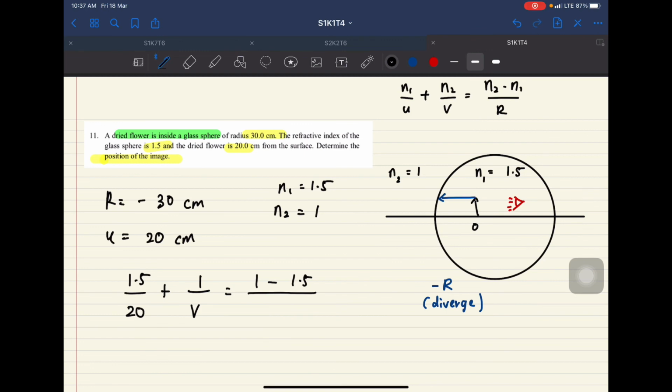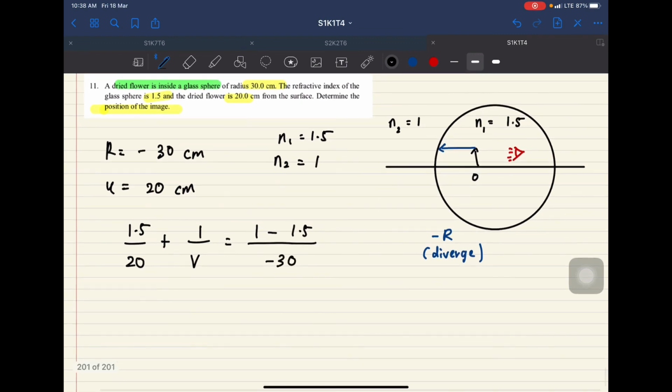That's why you have to be careful. It does not depend on which one is bigger, it depends on the position of the object. So it should be n2 minus n1. And R is equal to negative 30. So don't forget to put the negative there.